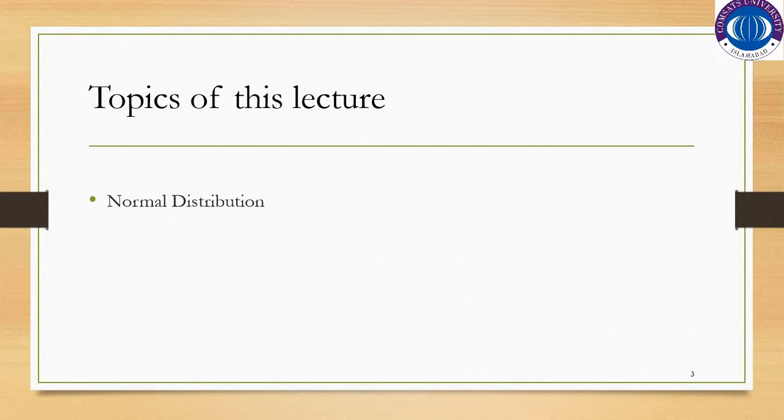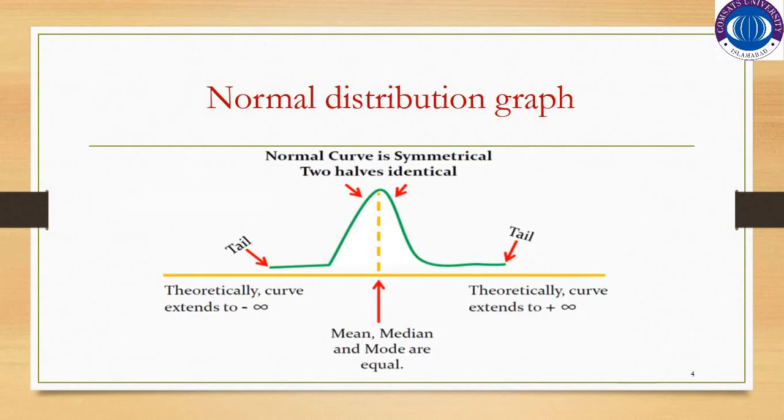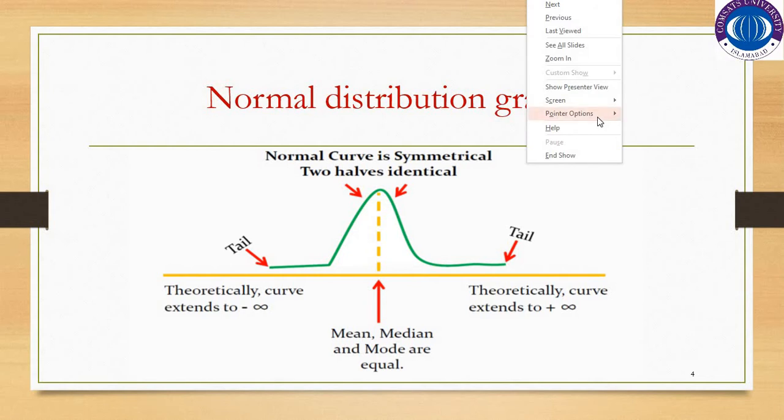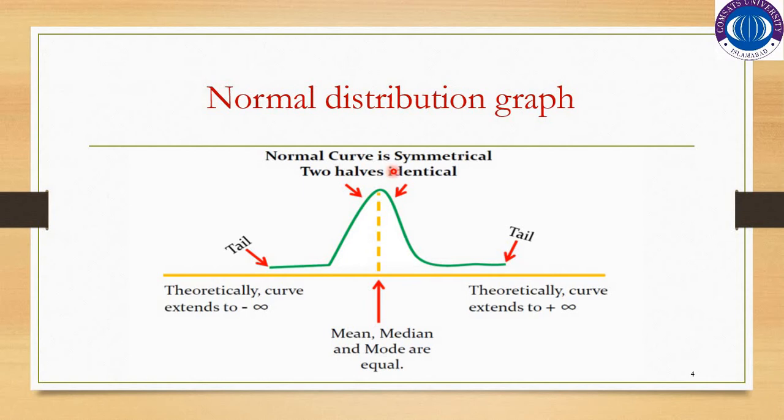We will continue with the topic of normal distribution. As normal is a continuous distribution, the graph of the distribution is bell-shaped, as we have discussed. So the normal curve is symmetrical, with two identical halves. This is the center of the curve, so this part is identical to this part: 50% of the area is here and 50% is here.